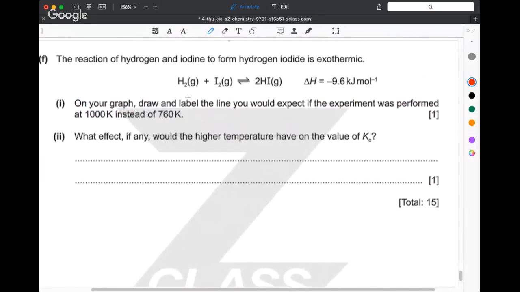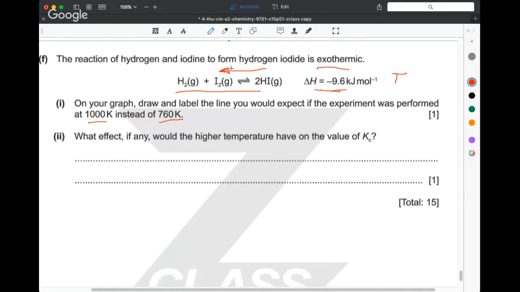All right, so now it's telling you that this reaction here is exothermic. It's got a negative value for the enthalpy change. And you're increasing the temperature from 760 to 1000 K. So what would be the effect? Well, if you increase the temperature of an exothermic reaction, then the position of equilibrium shifts back towards the reactants.